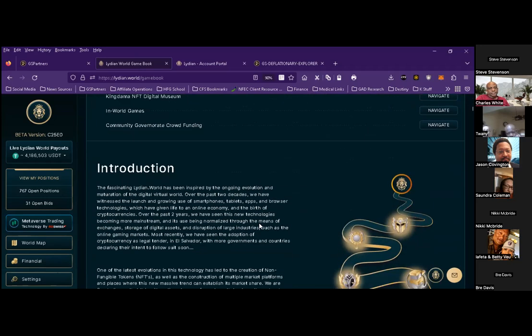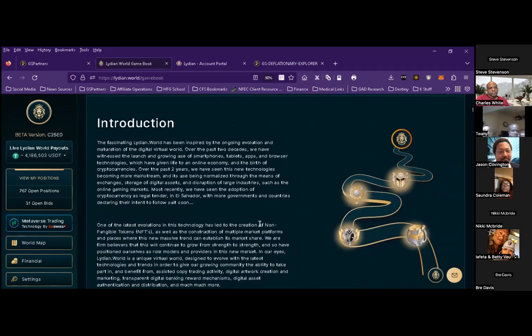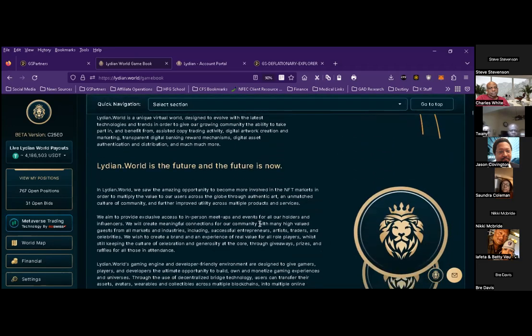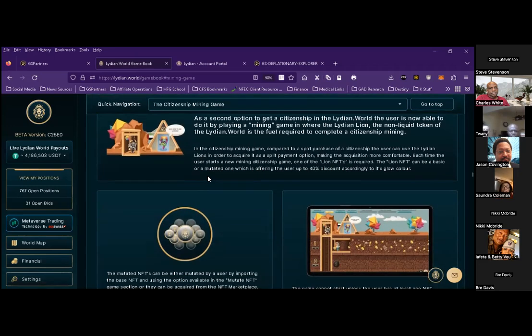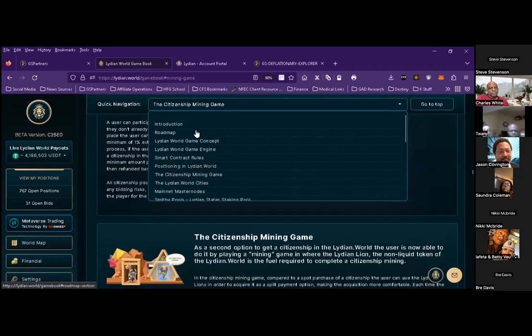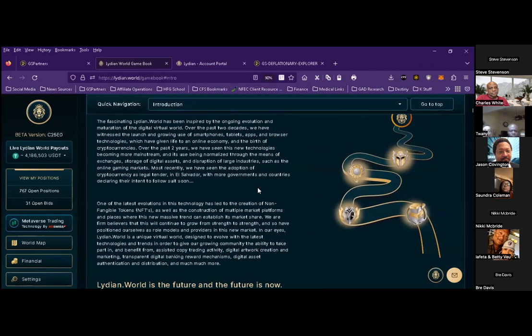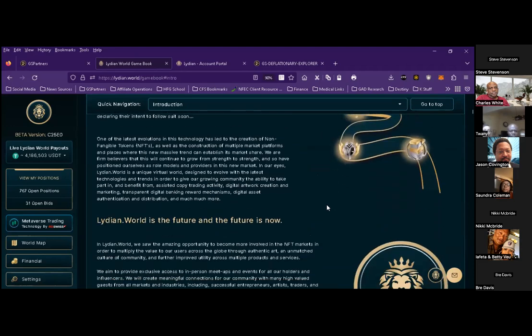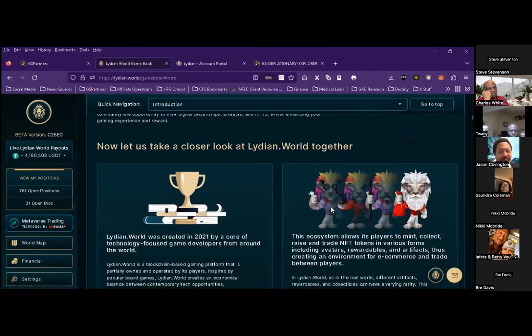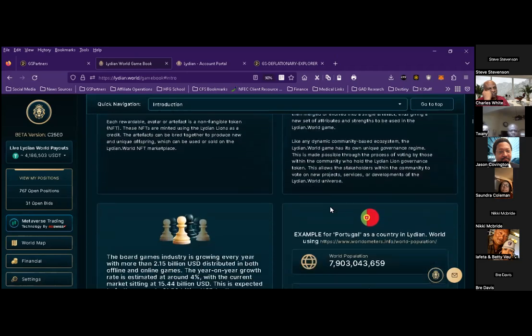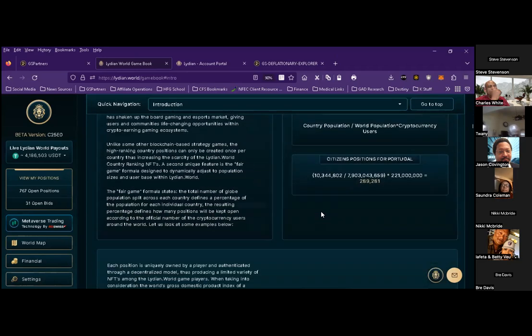I literally went page by page. I read everything. You can still jump from section to section just by doing this. But I do recommend your first time through, read through the introduction, understand what the Lydian World is for, and then you'll have a much better idea of what all this stuff is talking about. Way, way better. Thanks, Charles.